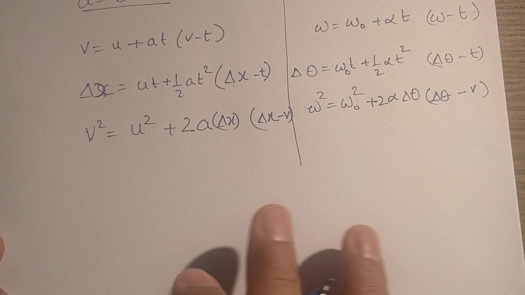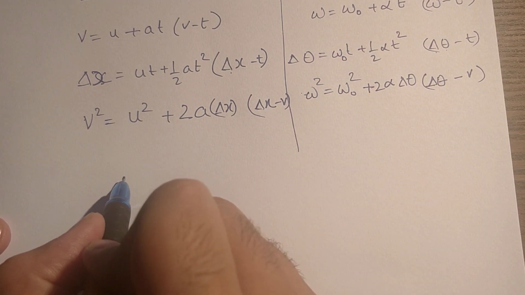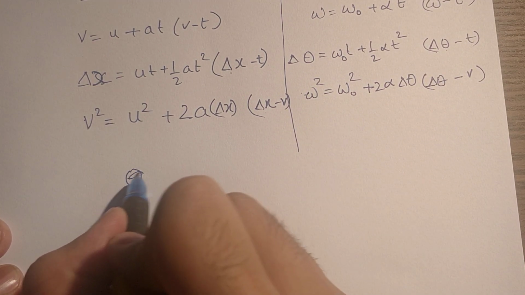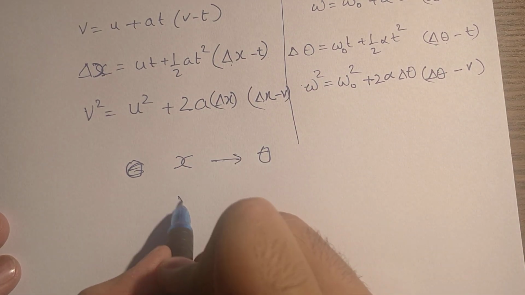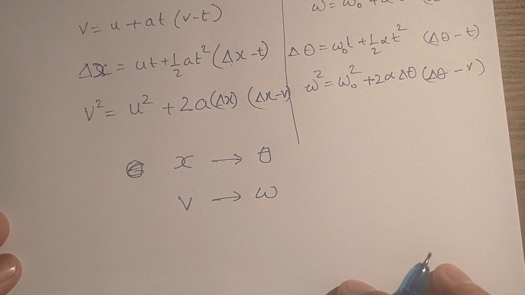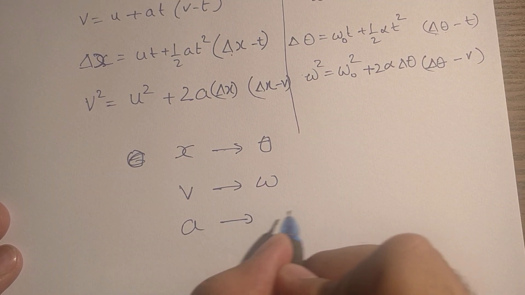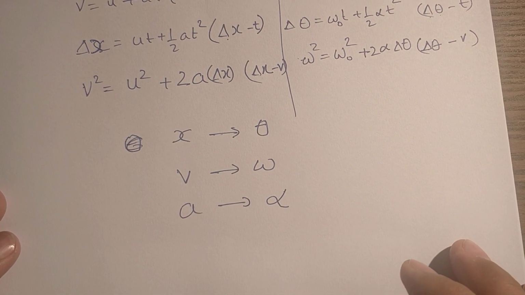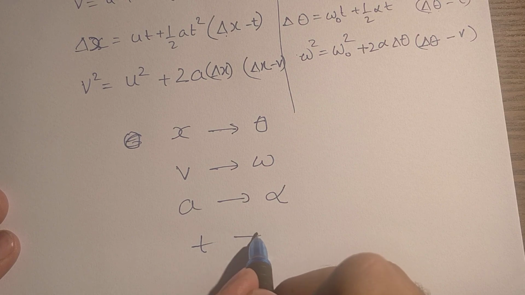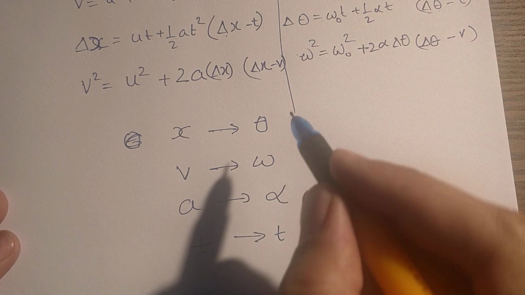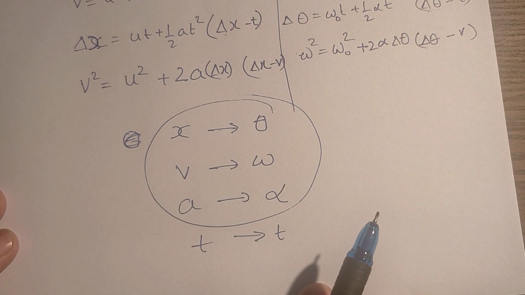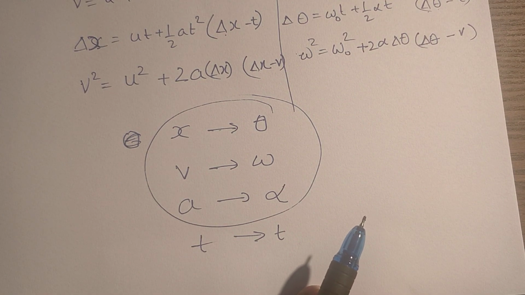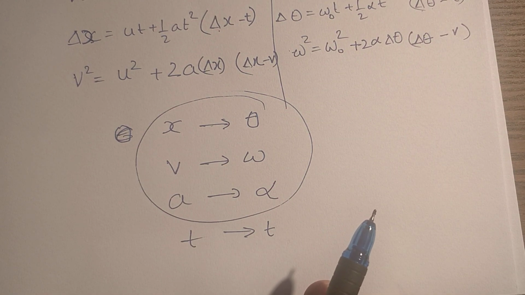In a way all you have to remember is linear position, which is x, will be replaced by angular position, linear velocity will be replaced by angular velocity, linear acceleration will be replaced by angular acceleration. Obviously time will remain time only, time will not change. So if you are comfortable with these parameters, you can easily understand circular motion as explained in the next videos. Thank you.